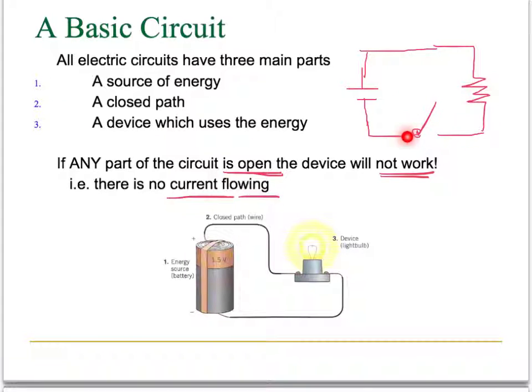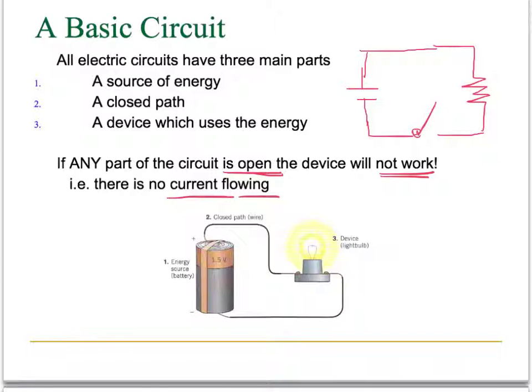We usually, in a diagram of a circuit, if you see something that looks like this, it refers to the switch. So if this switch is open, the circuit is considered to be an open one. Hence, if it is open, the electricity would not be able to flow.